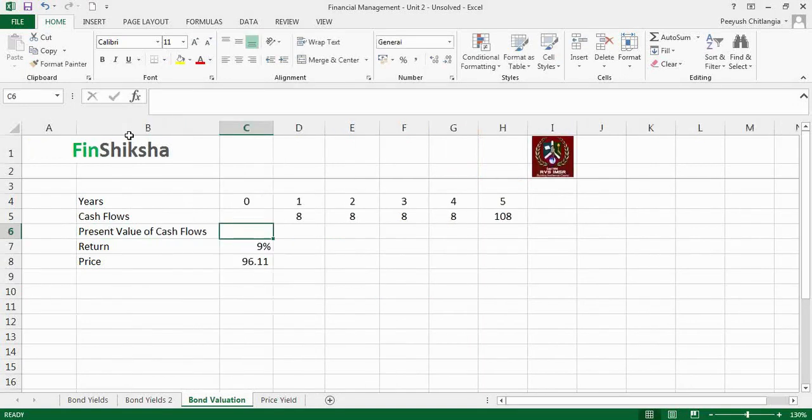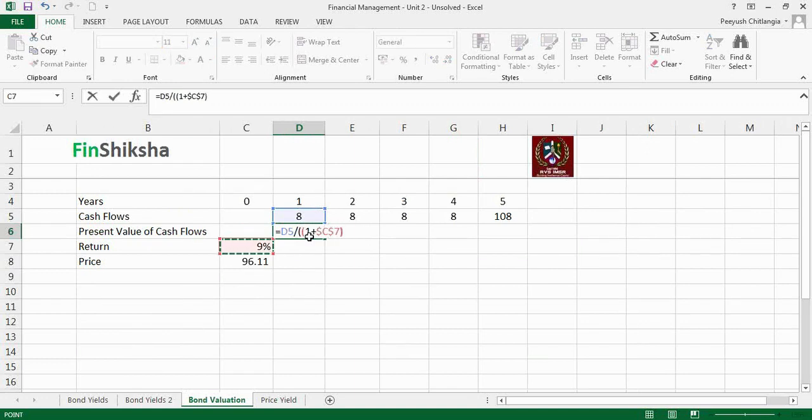Effectively 8 divided by 1 plus 9%, because I'm going to drag it to the right, I'm going to freeze this 9% and raise it to the power of the timing of the cash flow, 1 year, right? So we find 7.33 is the number, 7.34 to be precise.